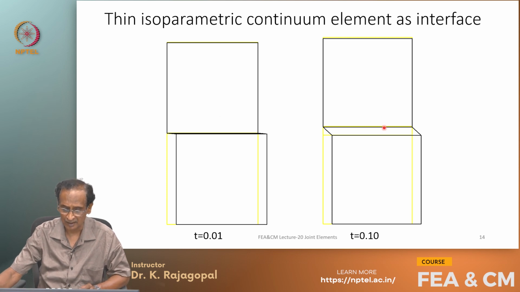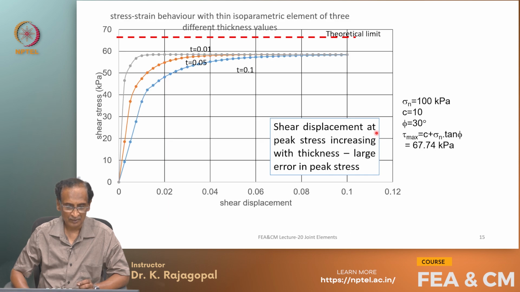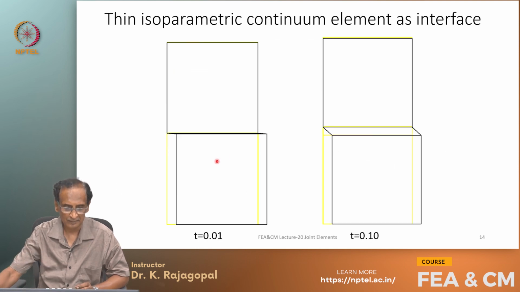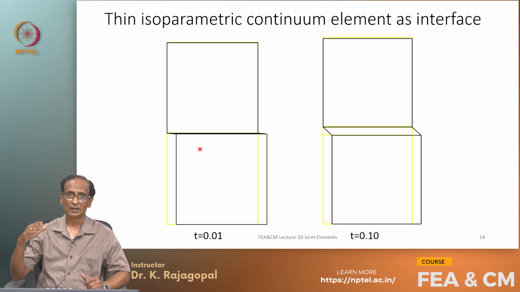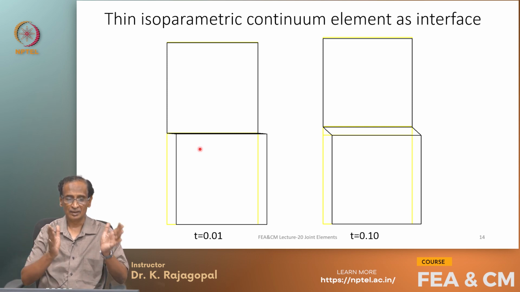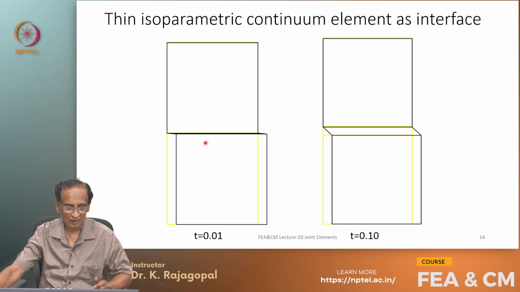Even this thin element is an 8-node quadrilateral, and the thickness here is 0.01 and here it is 0.1, and then the shear deformation is applied for the lower part against the upper part, and we are going to monitor the shear stresses that are developed here.